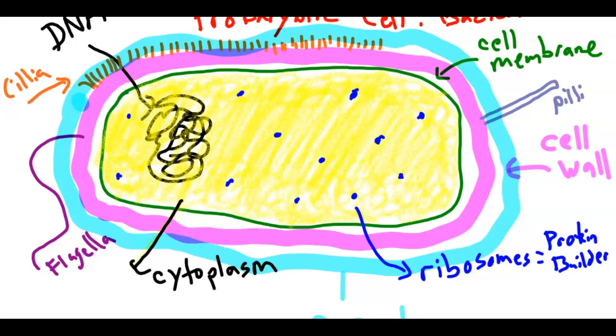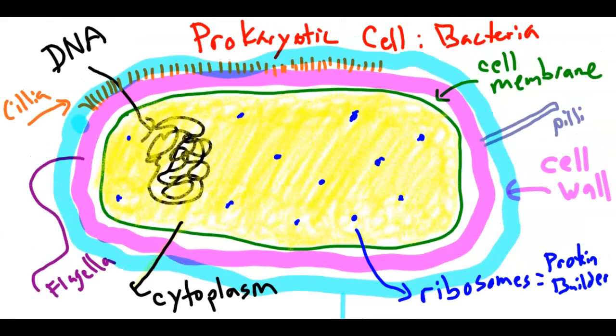We have some optional parts that not all bacteria have. And if we kind of recap here, we have a cell membrane, like a thin, flexible skin in green. Around that is a purple cell wall for protection and to give them shape. And some bacteria will have a third layer, a snotty, sticky capsule to help protect it. Some bacteria will have a flagella tail for swimming.